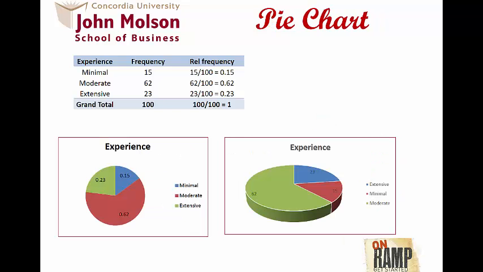Another graphical description of the data would be with the pie chart. Everybody knows the pie chart, and it is where the pie is subdivided into the different categories. So by the color minimal, it's 0.15, we have it there, 0.23, and 0.62. The colors make the difference, so I can see that those with the moderate knowledge, it's bigger than the two options together.